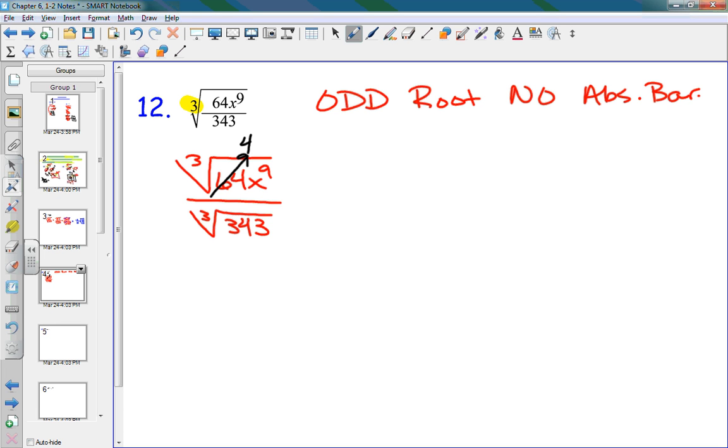Now what can I do with this x to the 9? Remember we do power over root. So what's my power here? That's going to be x to the power, which is 9, over the root, which is 3, all over. Now, can anybody tell me what number multiplied by itself 3 times is 343?